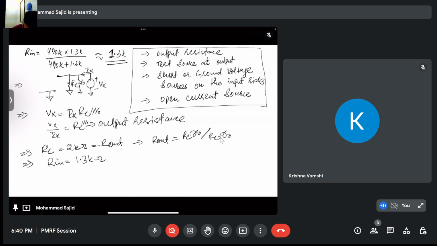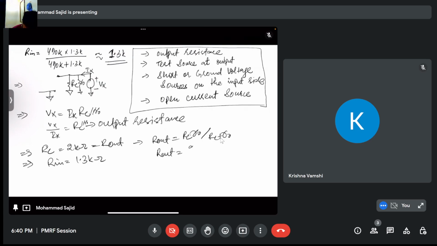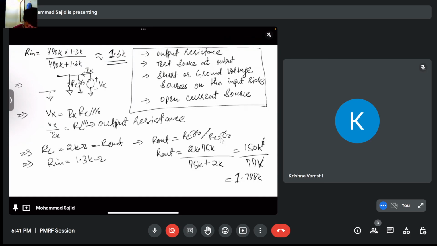Have I calculated R0? Yes, I think that is 75k. So my R output will be equivalent to 2k into 75k divided by 75k plus 2k. 150k square divided by 77k. 1k will go. That will be 150 divided by 77. That is 1.948k. So that won't change, I think, the option which is correct, but this is the correct value. We forgot R not.